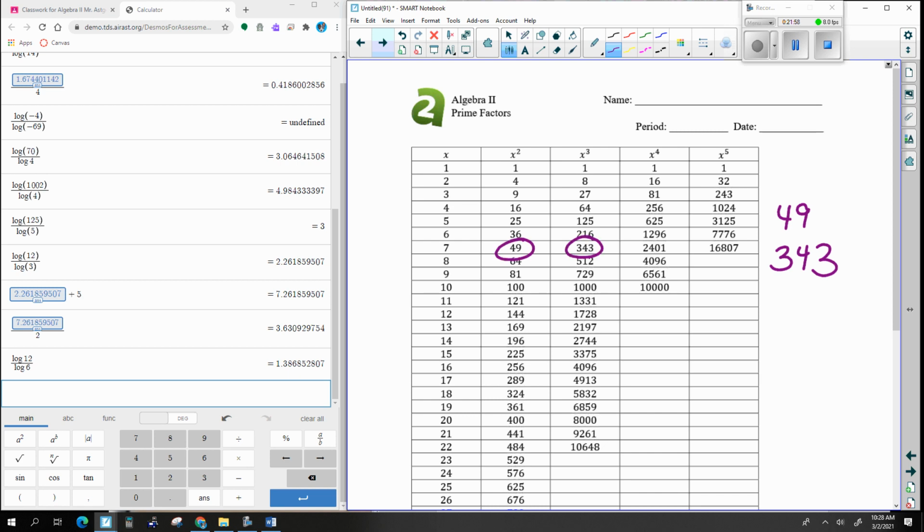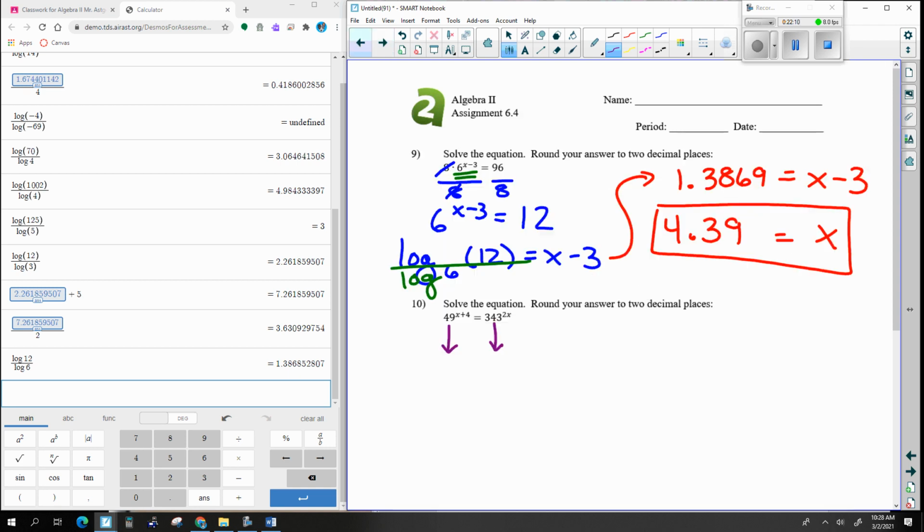49, 343 are both versions of 7. So 49 is 7 squared, 343 is 7 to the third. What do you know? So this is 7 squared, this is 7 to the third. This left-hand side has an x plus 4, this right-hand side has a 2x.